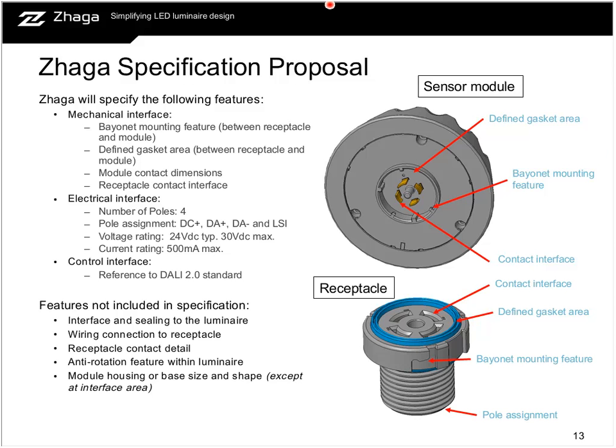Yes, I think so. Okay, next one. What's the approximate timing for standardization within Zhaga of the connector? Is this the same timeline for commercial availability? Yeah, so I think this is a question for me. As indicated by Tim on this slide, there will be 3 very soon Zhaga meetings.